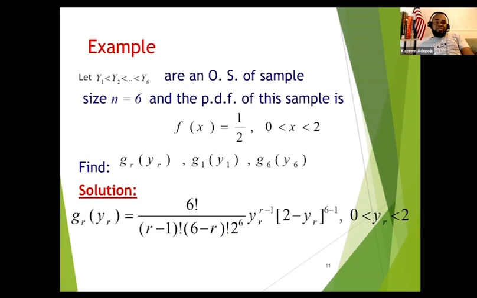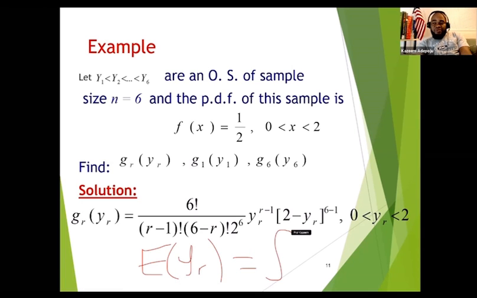And let me tell you this, you can be asked to find the expected value. You can be asked a lot of questions. You can be asked to find the expected value of yr. If you want to find the expected value of yr, you're going to integrate yr times g of yr dyr, from 0 to 2. Based on this, you can be asked to find the mean.